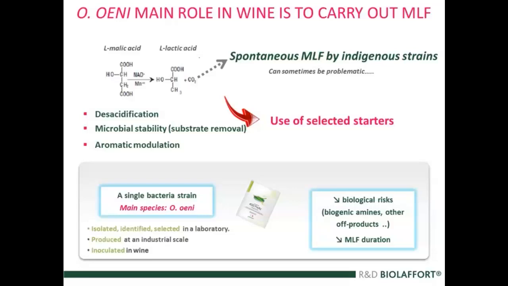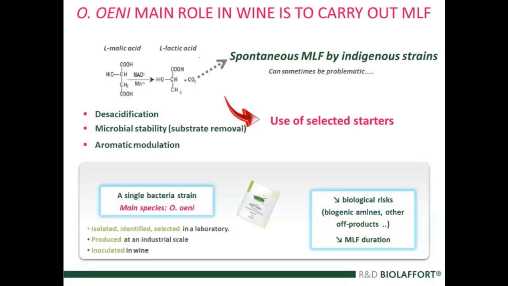Malolactic fermentation can occur spontaneously in wine with indigenous strains. Sometimes it can be problematic. That's why the use of selected starters has been developed. And nowadays, most of the malolactic starters contain one species, which is Oenococcus oeni.